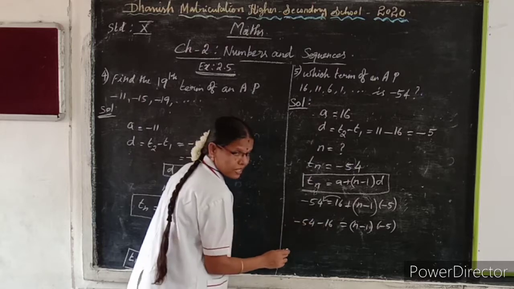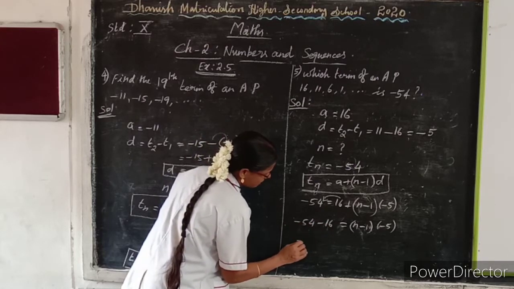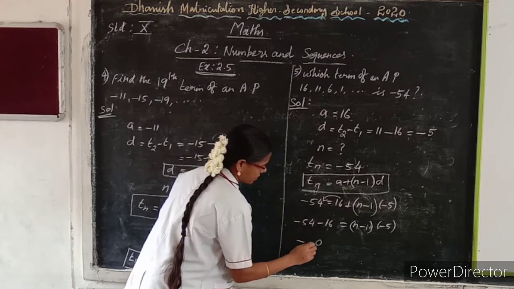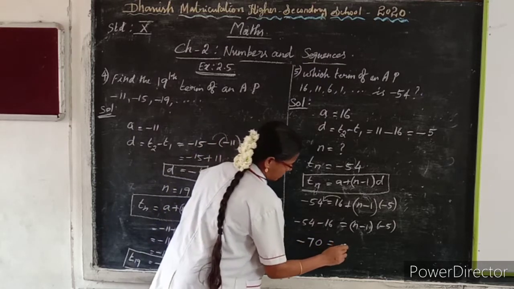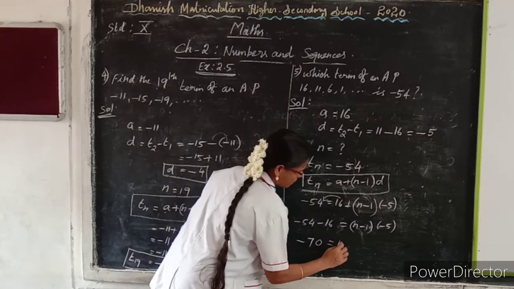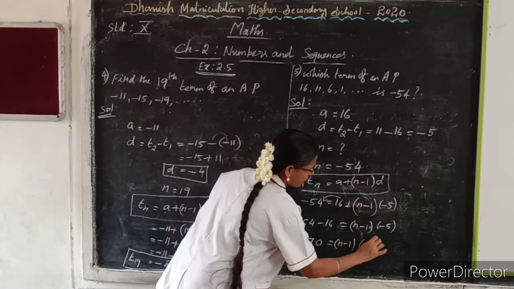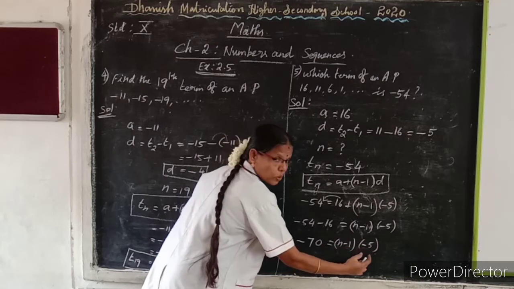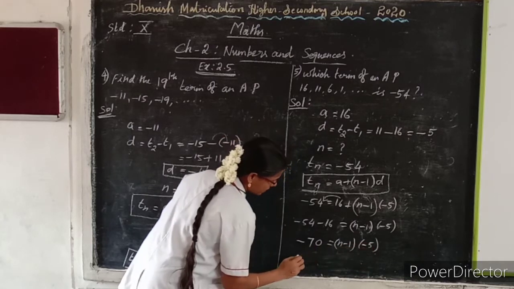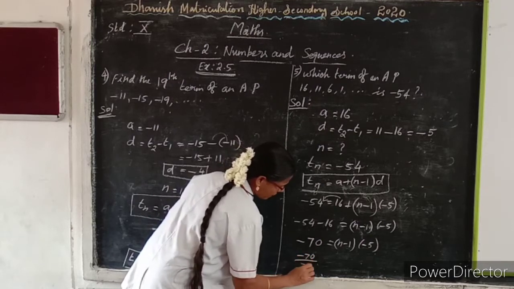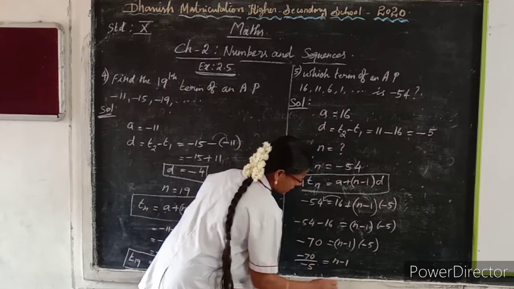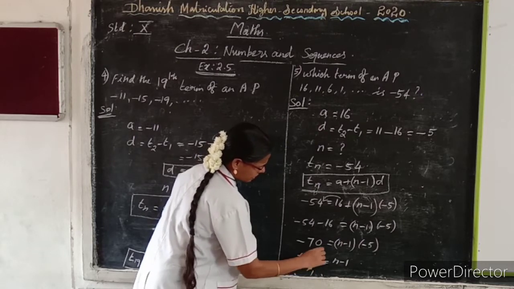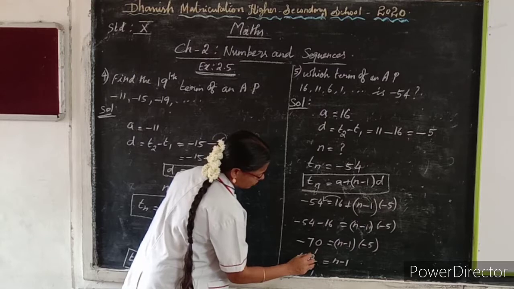So both the numbers are in negative, so add and put the same sign. Minus 70 is equal to (n minus 1) into minus 5. So transfer this side. Minus 70 divided by minus 5 is equal to n minus 1. Minus minus get cancelled. So 5 14s are 70.